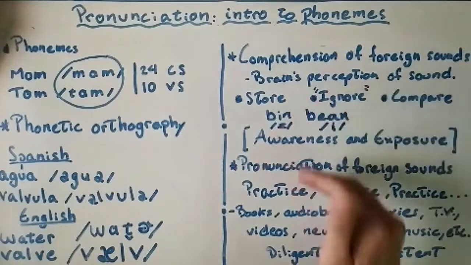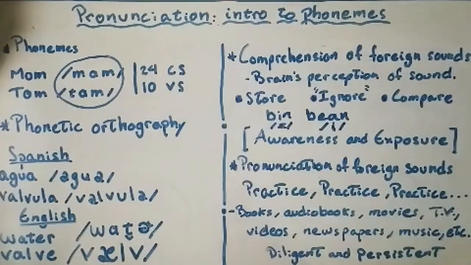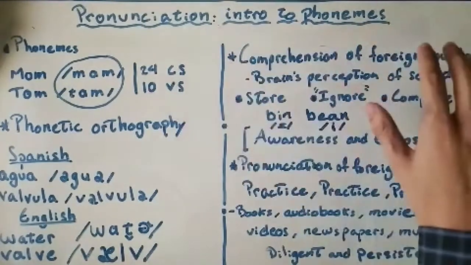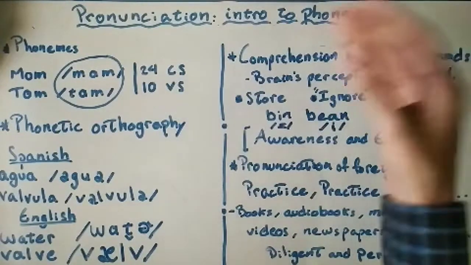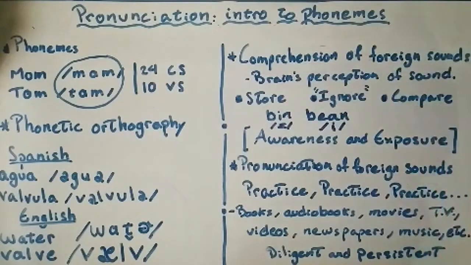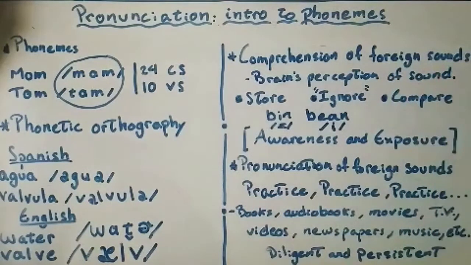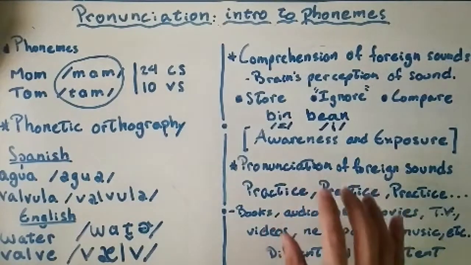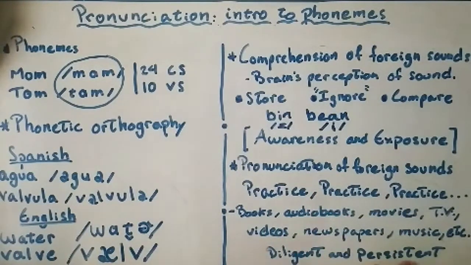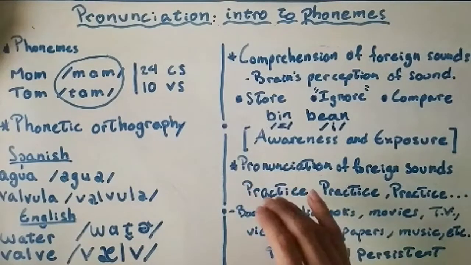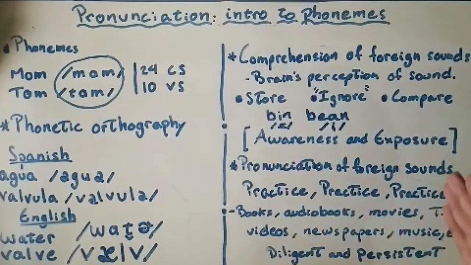Okay. Next up, we have pronunciation of foreign sounds. So we've gone over comprehending the sounds, being able to recognize them. So let's go over pronouncing them. Just like your brain is used to hearing the sounds of your native tongue only, your mouth is also used to only producing these sounds. So what we do is simple: practice, practice, and practice.